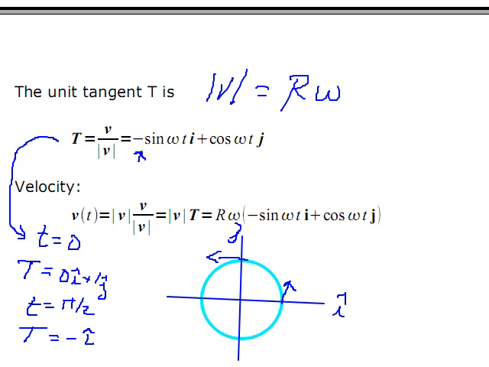And then when t is pi, we shall have the unit tangent as 0 in the I direction, and this would be minus 1 in the j direction. And of course at 3 pi over 2 would be down here. So you can see that this does indeed give us the tangent vectors.